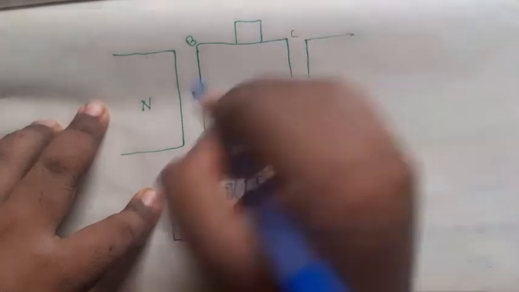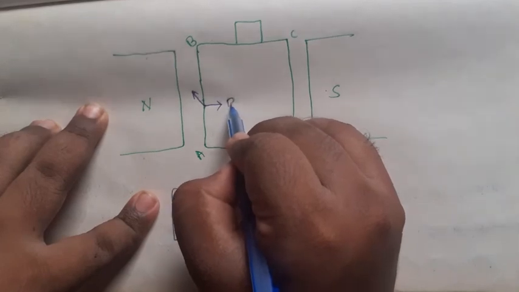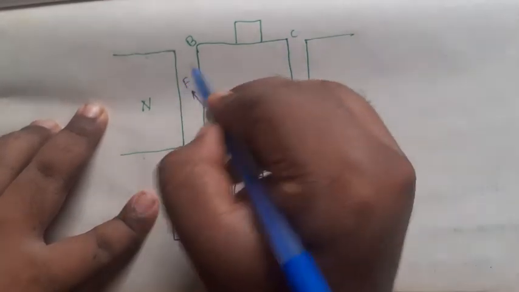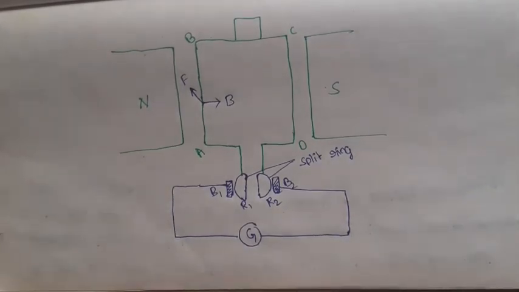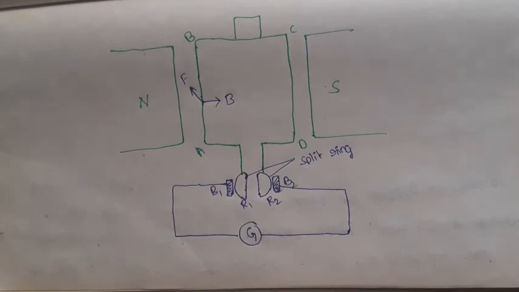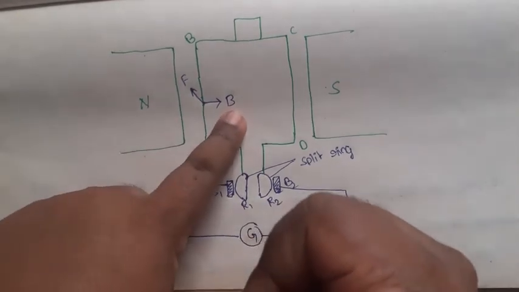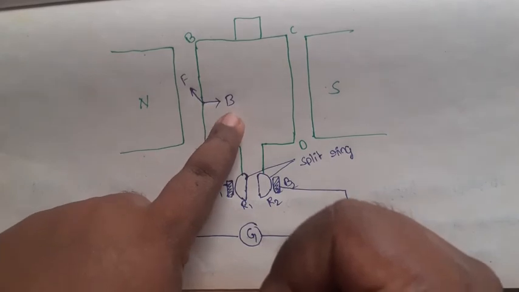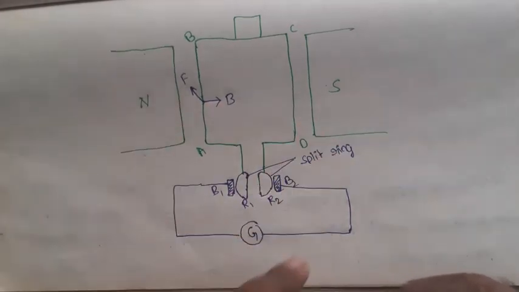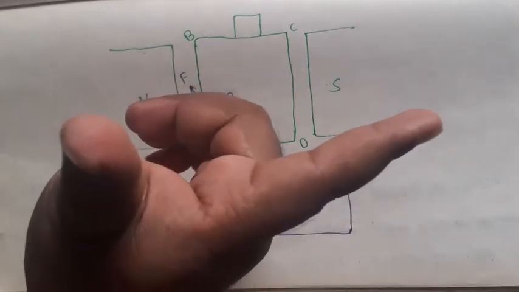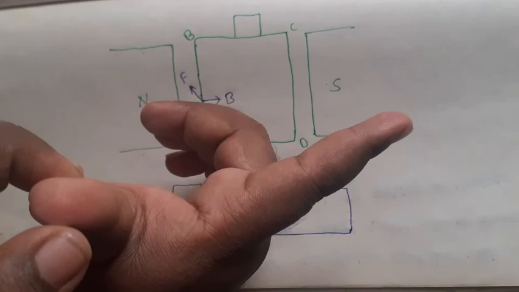Here the magnetic field direction is north to south, from left to right. This is the direction of the magnetic field. This is the direction of the motion of the conductor. Now I am going to find the induced current in the arm AB. Align your thumb in the direction of motion of the conductor, and your forefinger in the direction of the magnetic field, from left to right.